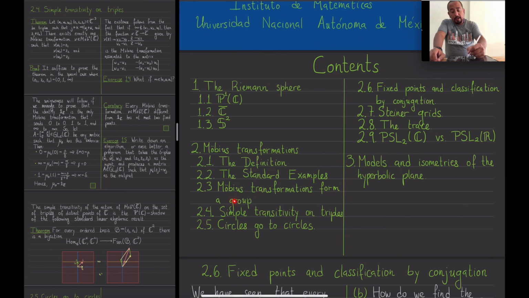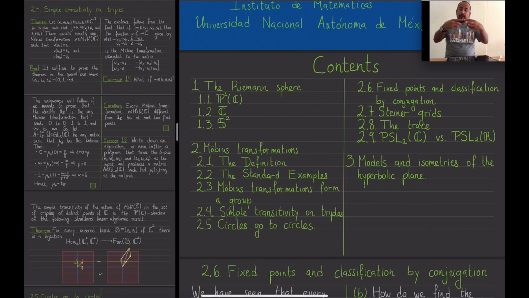Then we showed that the action of the group of Möbius transformations of C bar on the set of triples of distinct points of C bar is simply transitive, right? So that if you give me two triples, each one of 3 different points of C bar, then there exists exactly one Möbius transformation that takes this triple to the other in order, right?